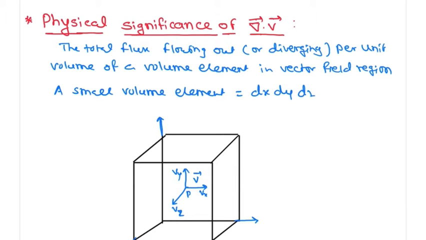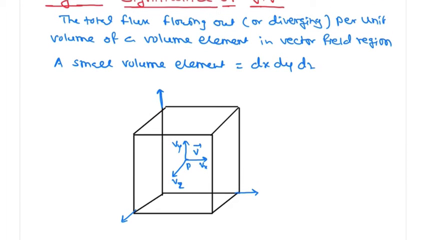At the point P, v is a vector point function whose components along x, y, z axes are vx, vy, vz, and in that region we choose a small volume element whose side lengths are dx, dy and dz, along the x, y and z directions. Here v is a function of x, y, z.